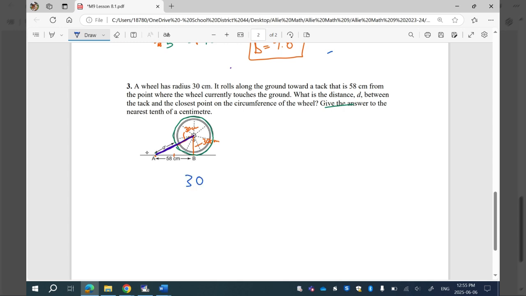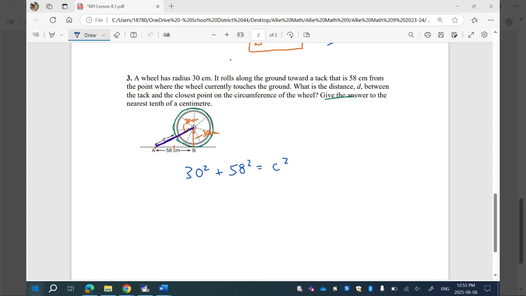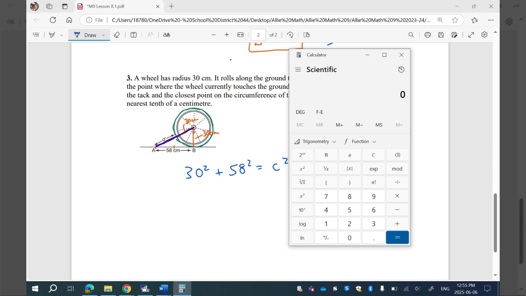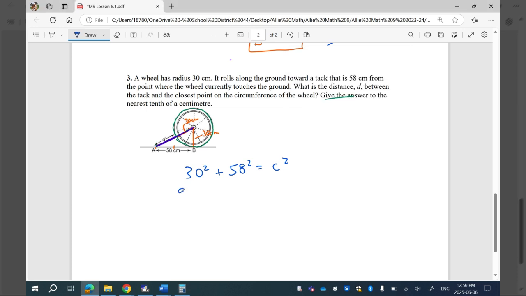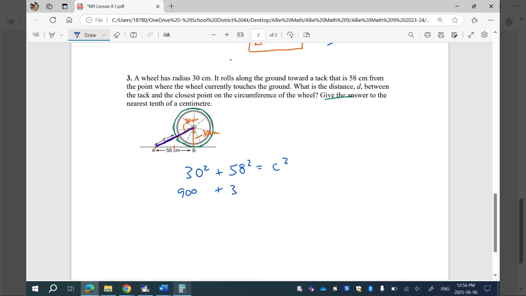So let's go. We know that a squared, 30 squared, plus b squared, 58 squared, equals, well, let's do c squared. So let's do that in my calculator. 900 plus 58 squared, 3364, equals c squared.